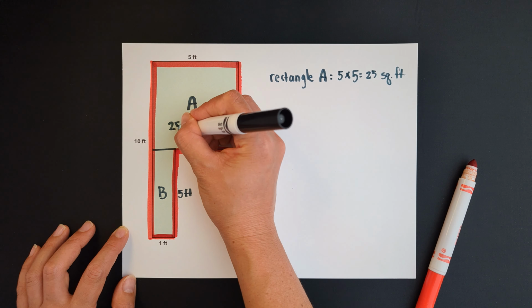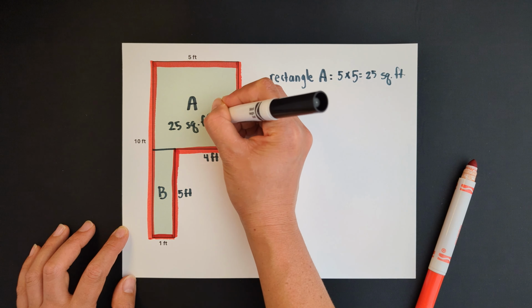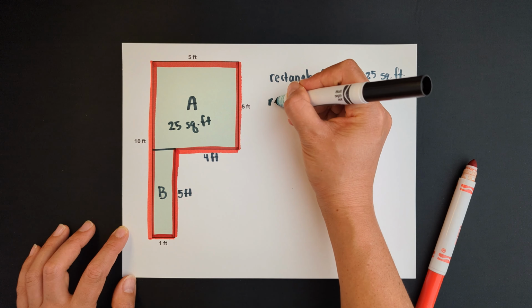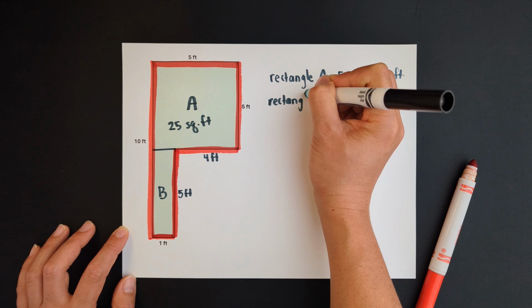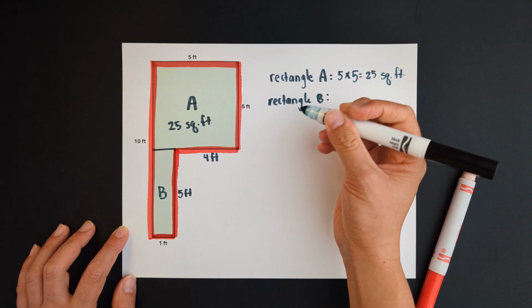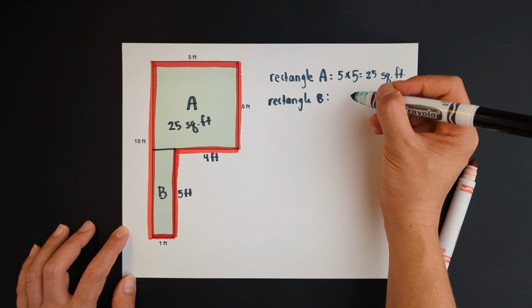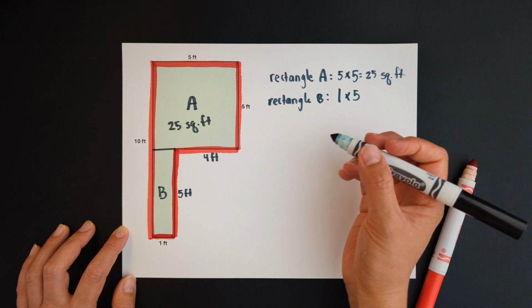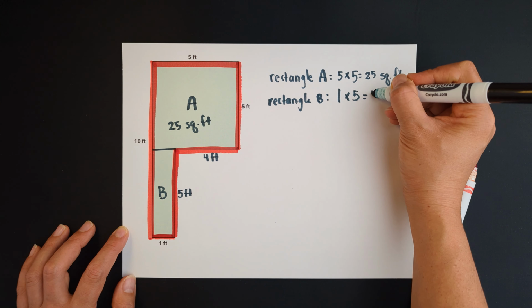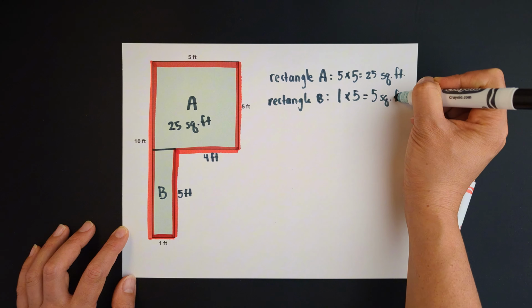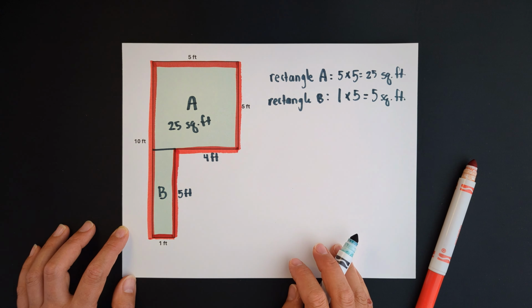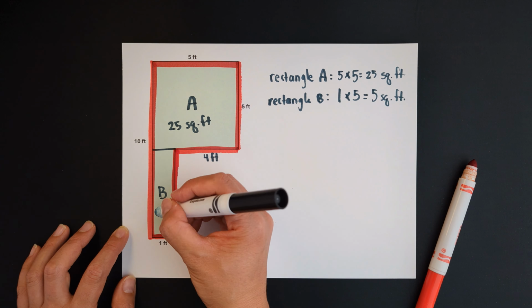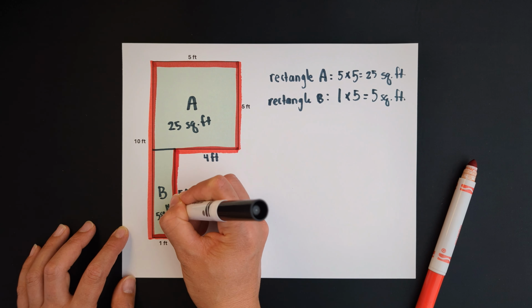I'm going to write 25 square feet for A. And then rectangle B, right here, is 1 times 5. And that's equal to 5 square feet. And so just B is 5 square feet.